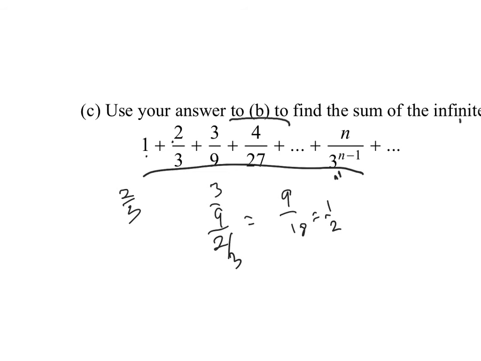That's not geometric. 4/27 divided by 3/9 is 36/81. Divide both by 9. That's 4/9. So I had 2/3, 1/2, 4/9.